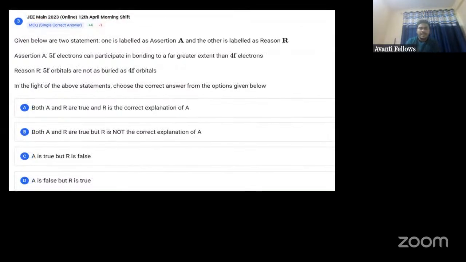नेक्स्ट, given below are two statements, one is labelled as assertion, another is reason. Assertion: 5f electrons can participate in bonding to a far greater extent than 4f electrons. Is this correct? And reason: 5f orbitals are not as buried as 4f orbitals.